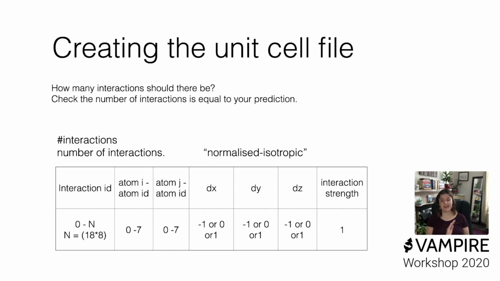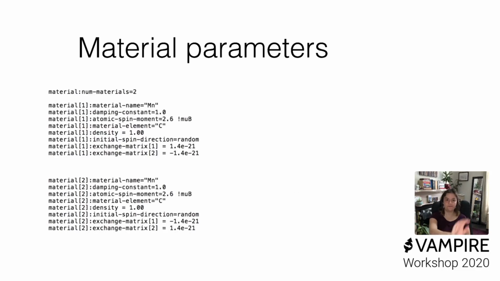So we can just set all of these to 1, and then we can just set the values in the .mat file. But sometimes you might want, say, some of the interactions to be weaker than others. But for now, we're just doing a simple example, so we just set all of these values to 1.